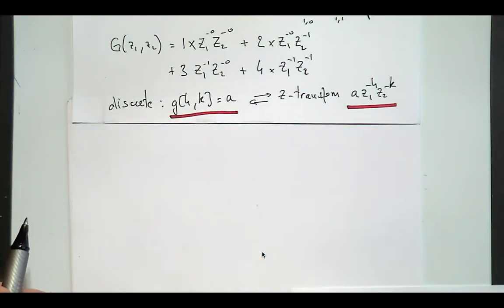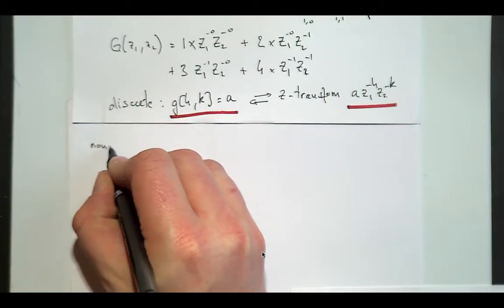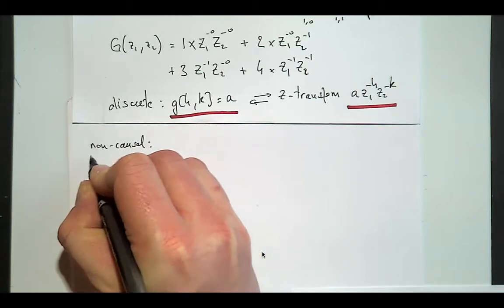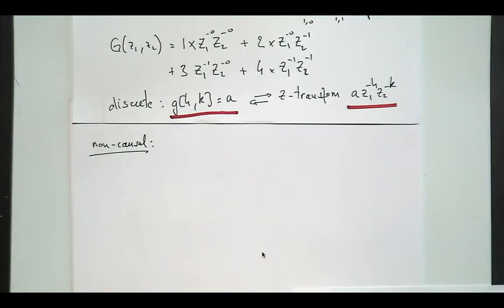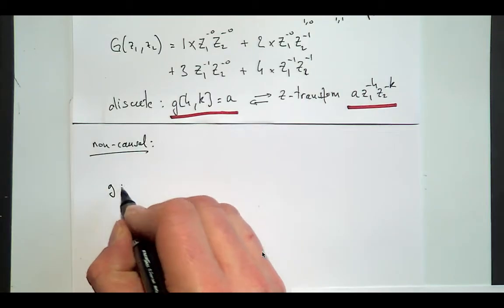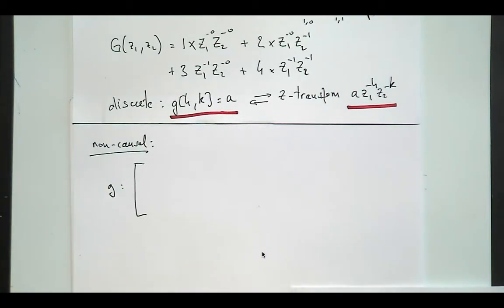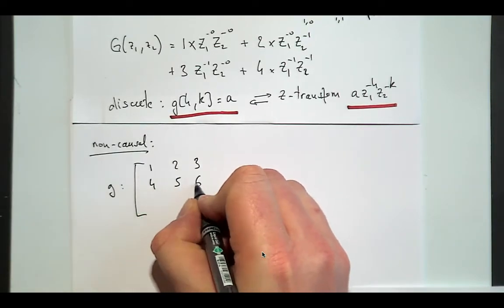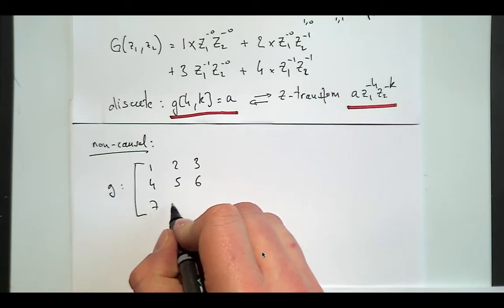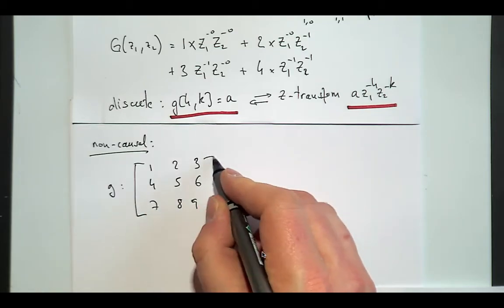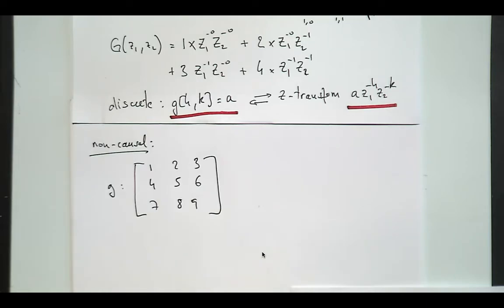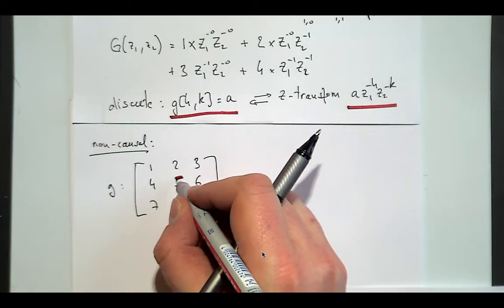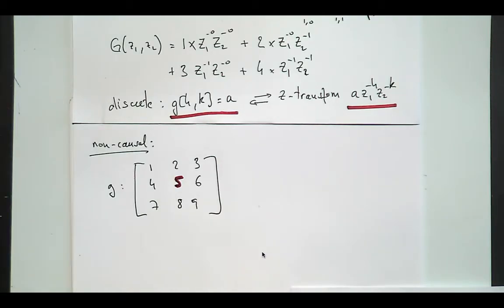Okay, so this time we're going to look at something non-causal. So we're going to assume that the picture looks like so. And this time, I'm just going to highlight this one. This number in red would be the center of your picture.